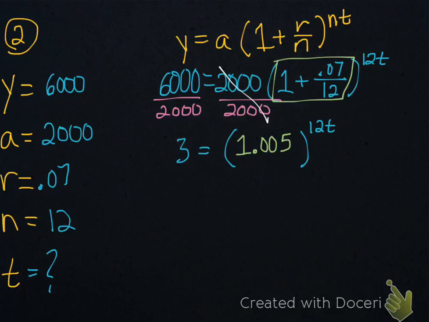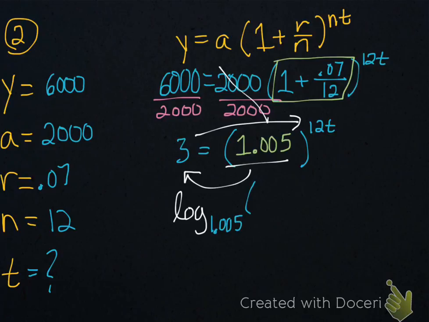Now I have to solve for the exponent. To solve for an exponent, I turn it into a log. So I start with the base. My base is 1.005. I'm taking the log of 3, and that's equal to 12t, my exponent. Now I need to do my change of base.